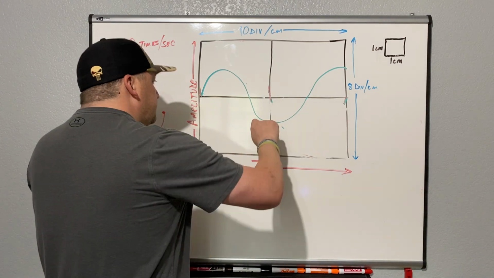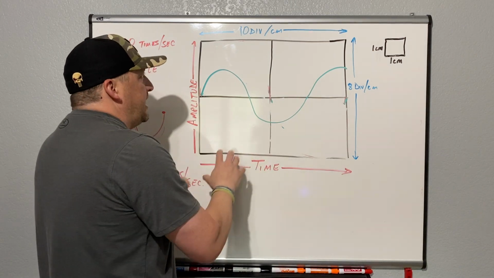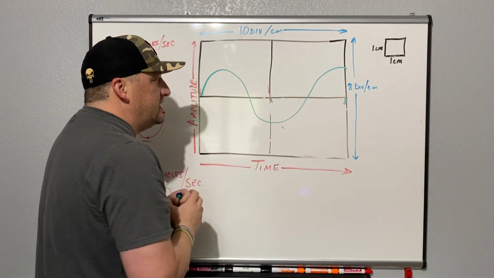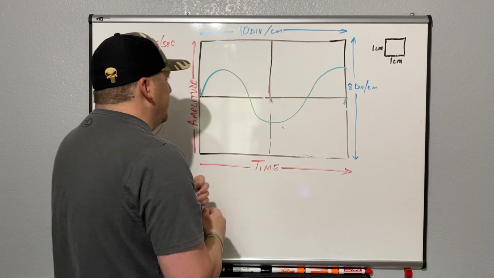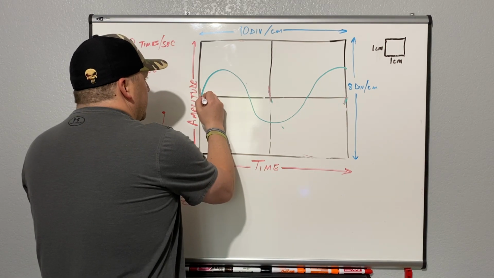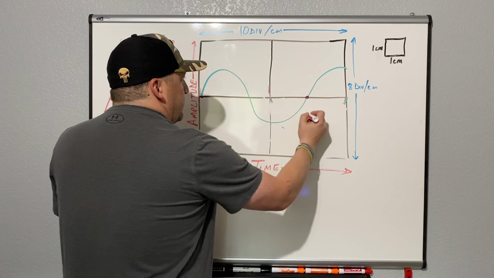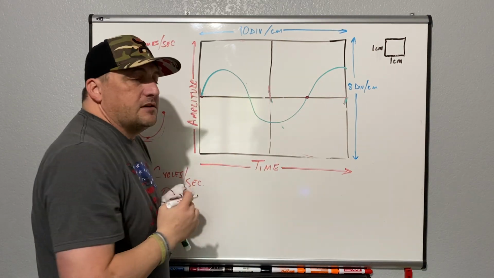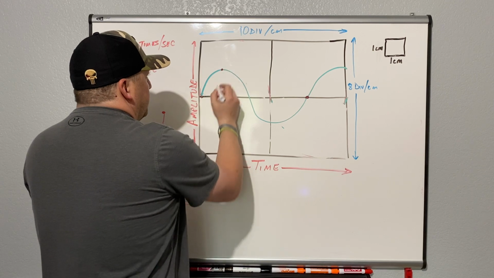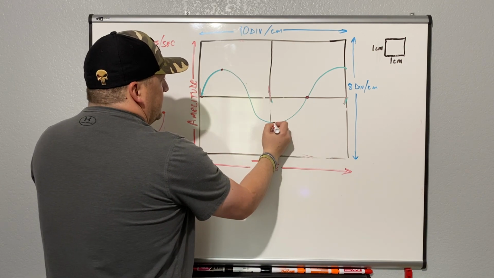Now, we will adjust the time and amplitude to get it exactly how we want it on the screen, but we can still take measurements just like this. We can count the number of blocks from this point to this point, and that gives us the amount of time it takes to complete a cycle. And then we can count the number of blocks from this point to this point.